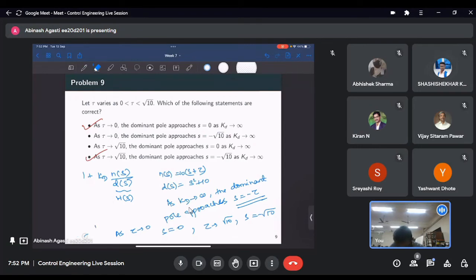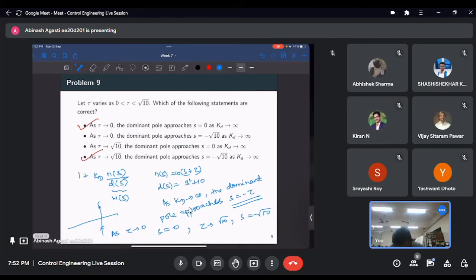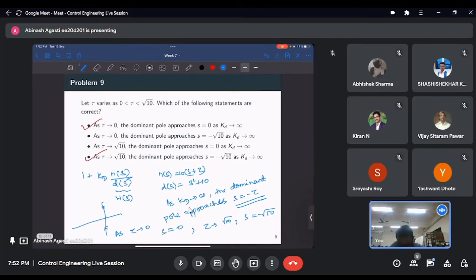But say if you have some doubt in this question, let's say, where do we have poles? We have poles on plus minus j root 10 and one zero at minus tau. Right. So again here how many asymptotes will we have?